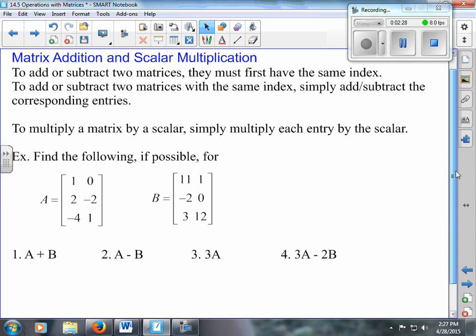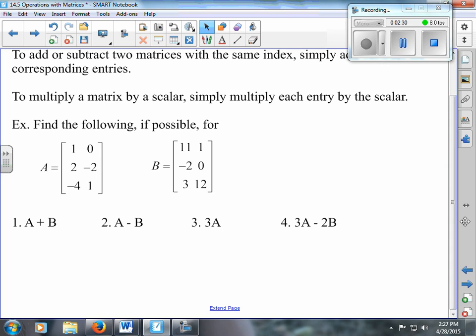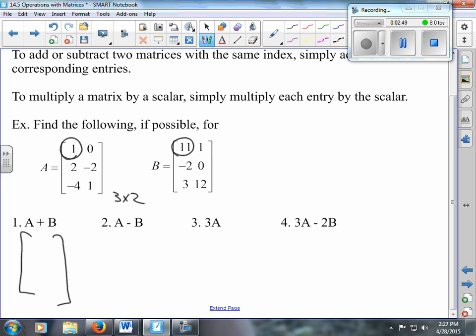And you can see here I'm naming matrices with capital letters. I have matrix A and matrix B. These are both 3 by 2 matrices. We have 3 rows, 2 columns. And so in order to add them together, I'm going to get a result that's a 3 by 2 matrix. And to get the first entry, the row 1, column 1 entry, I need to add the row 1, column 1 entries.